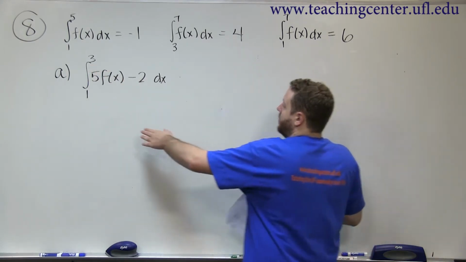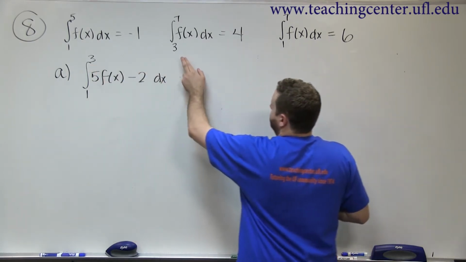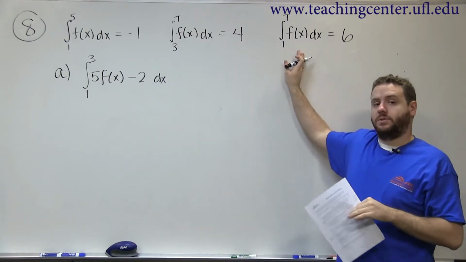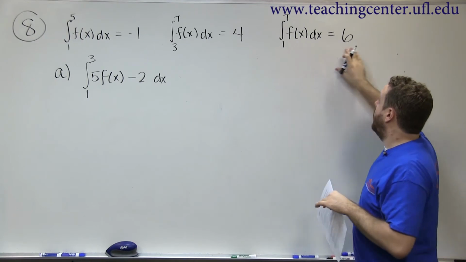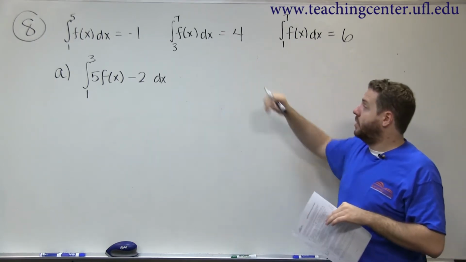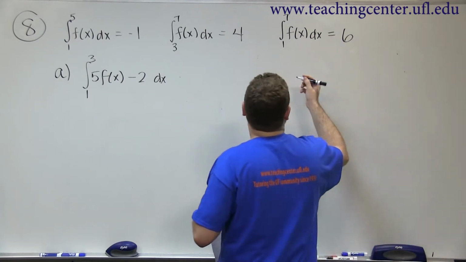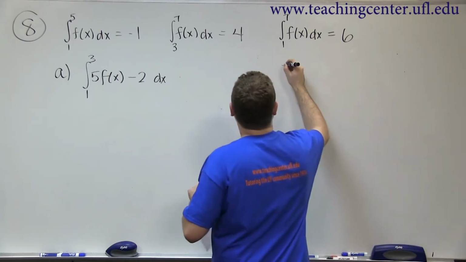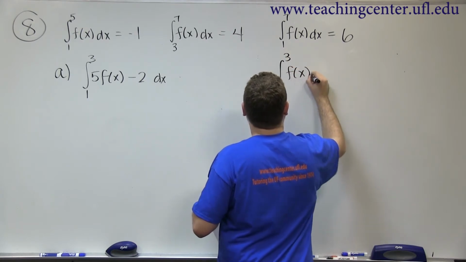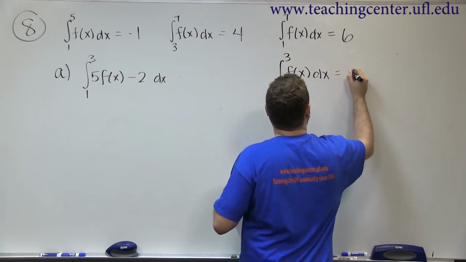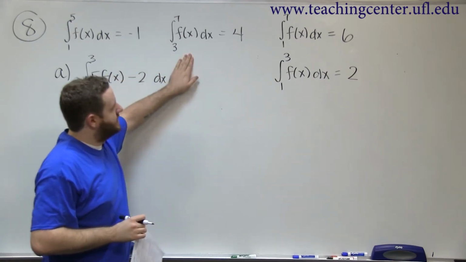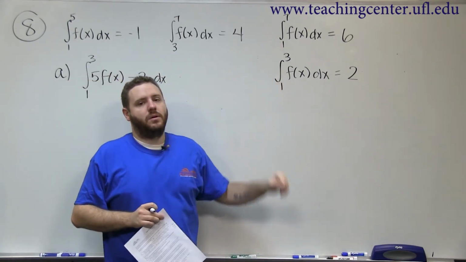The part between 1 and 3 and the part between 3 and 7 would have to add up to the whole part between 1 and 7. So if the whole part between 1 and 7 is 6, but the 3 to 7 part is 4, then the part from 1 to 3 of f of x has to be 2. Because these two added together would have to give us the whole part from 1 to 7.